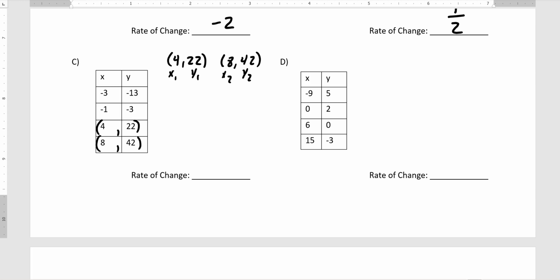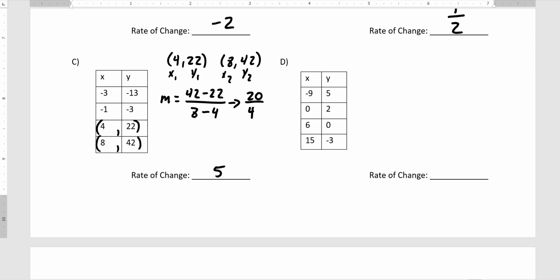My slope is y2, 42, minus y1, 22, over x2, 8 minus x1, 4. Well, 42 minus 22 is 20, 8 minus 4 is 4. What's 20 divided by 4? 5. So hopefully we found that the rate of change for letter C is 5.